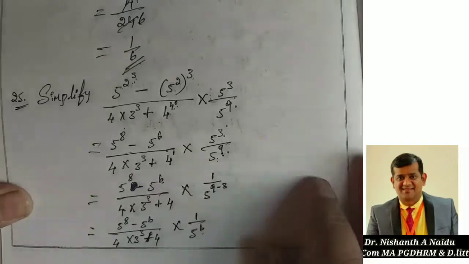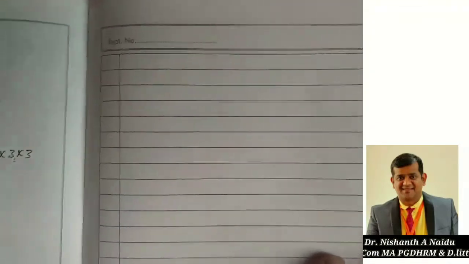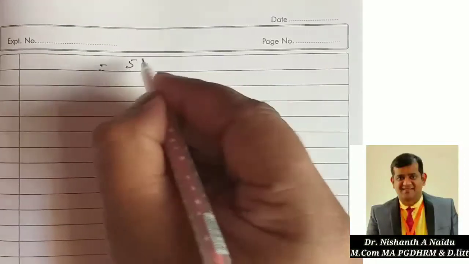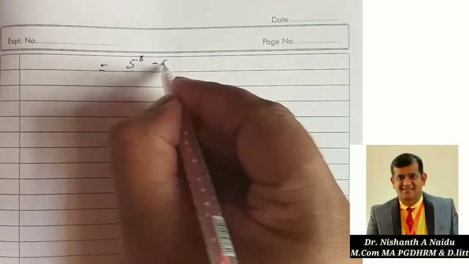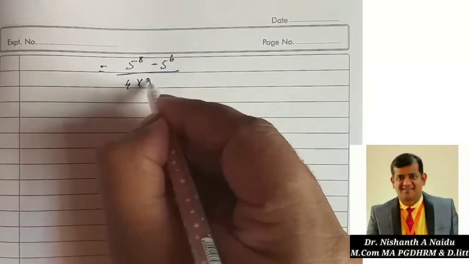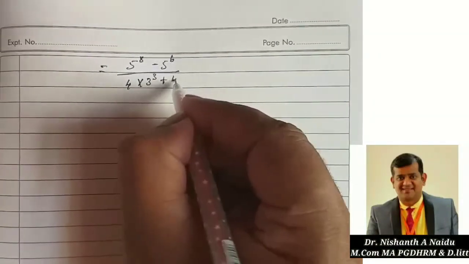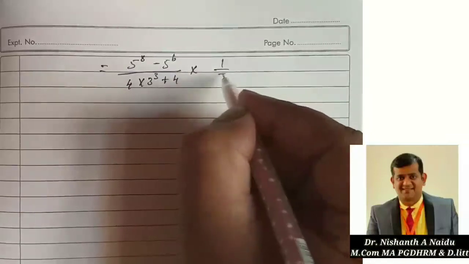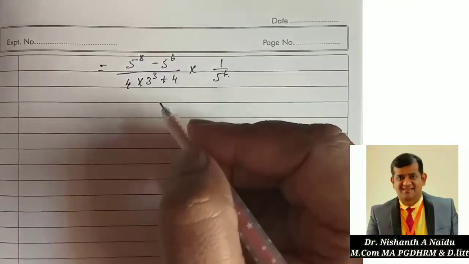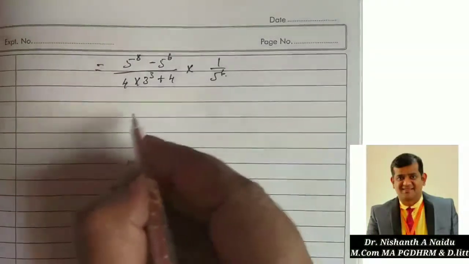Okay, so let us move further. I am copying the same step so that you don't get confused. 5 to the power 8 minus 5 to the power 6 divided by 4 into 3 to the power 3 plus 4 into 1 divided by 5 to the power 6.